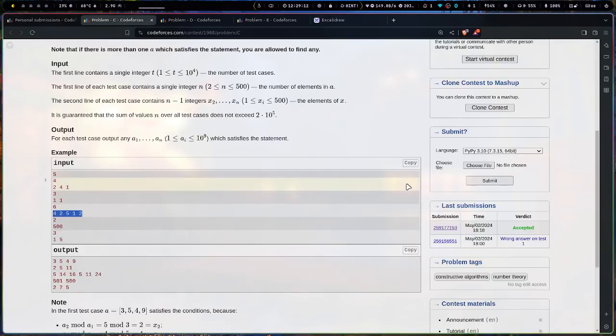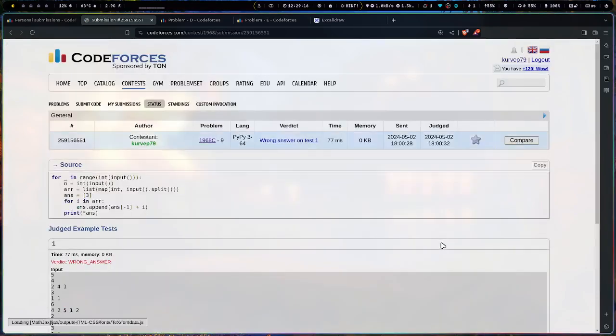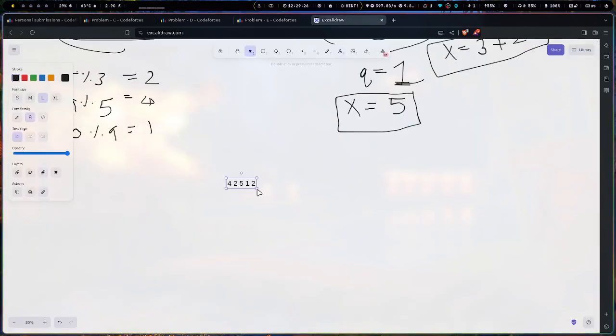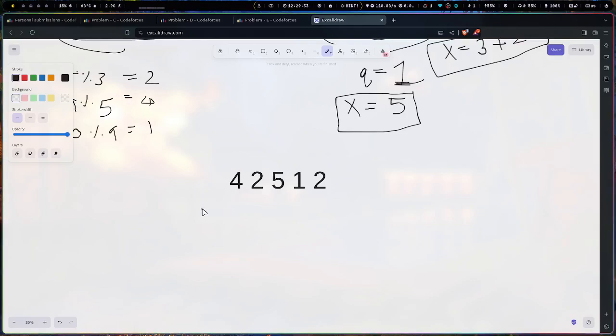I guess I have a wrong answer, so I must have taken 3 as my first element every time. See, I have taken 3 as my first element, so it will give the wrong answer. I will show you. Take this example and take the first element as 3 and do the same thing.